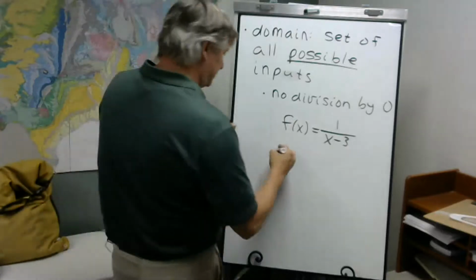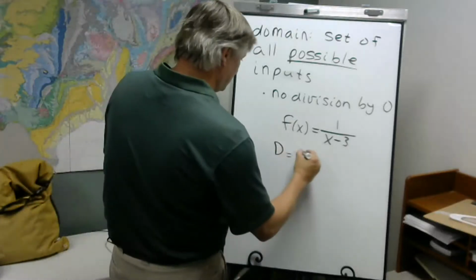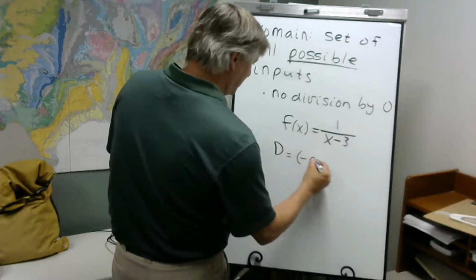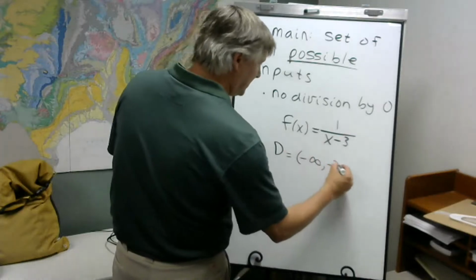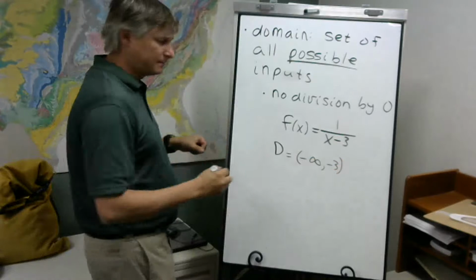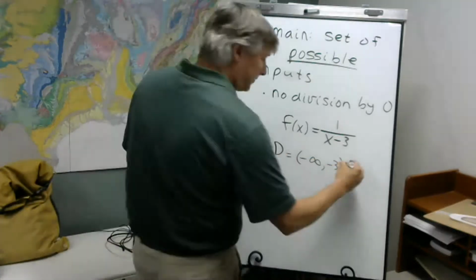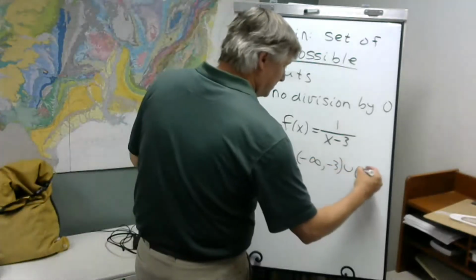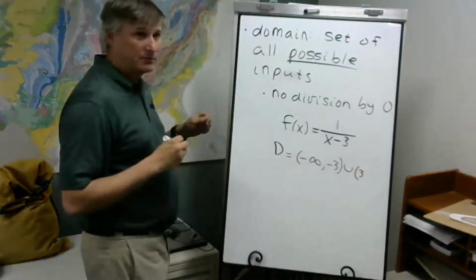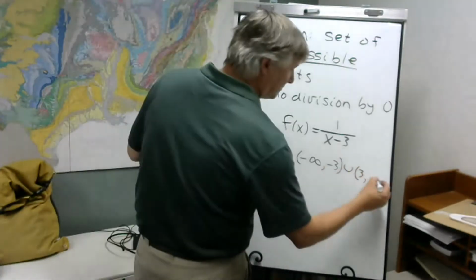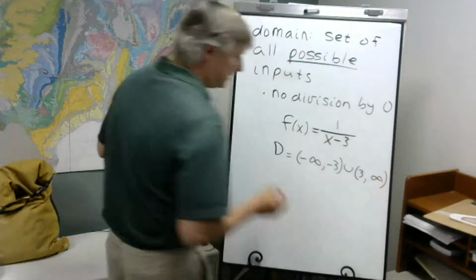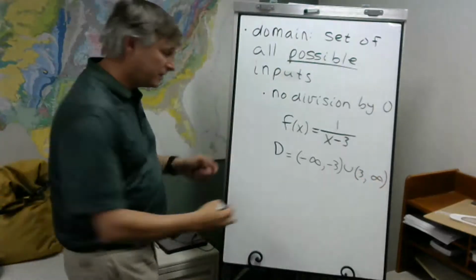So that means for the domain, we take all the numbers up to 3, but not including it. We hop over 3. And once we're beyond 3, just above it, we continue on. And so that becomes the domain for this function.